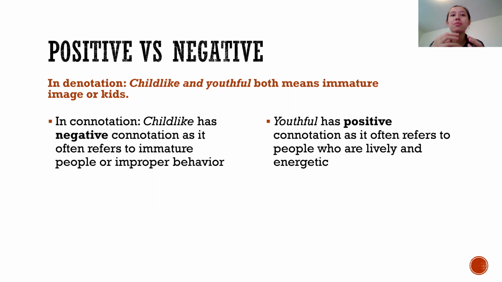If the writer describes someone as very childlike, that naturally conveys a negative message to the readers, like, oh, this person is very immature, or he always does things improperly. That's a negative message conveyed to the reader because of the writer's word choice.